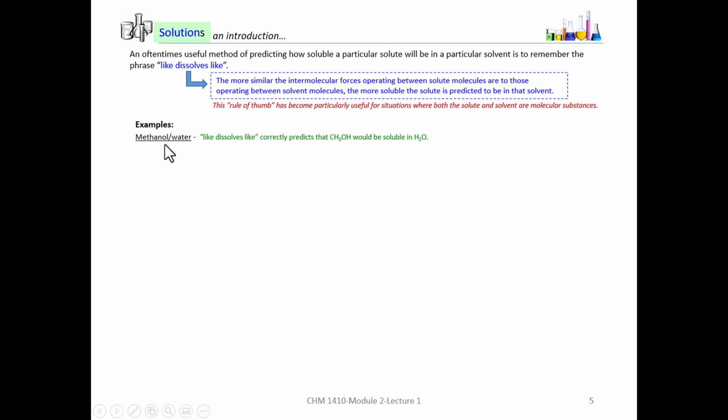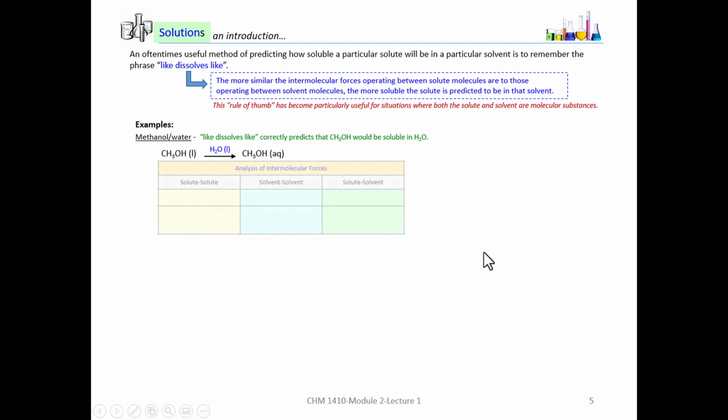Let's think about the methanol water example where we said methanol, wood alcohol, readily dissolves or is miscible in water. The like dissolves like model would predict that. So we have liquid methanol interacting with liquid water and we get dissolved methanol or aqueous methanol. And with this chart, we might be able to show you what we mean by the like dissolves like model predicting this.